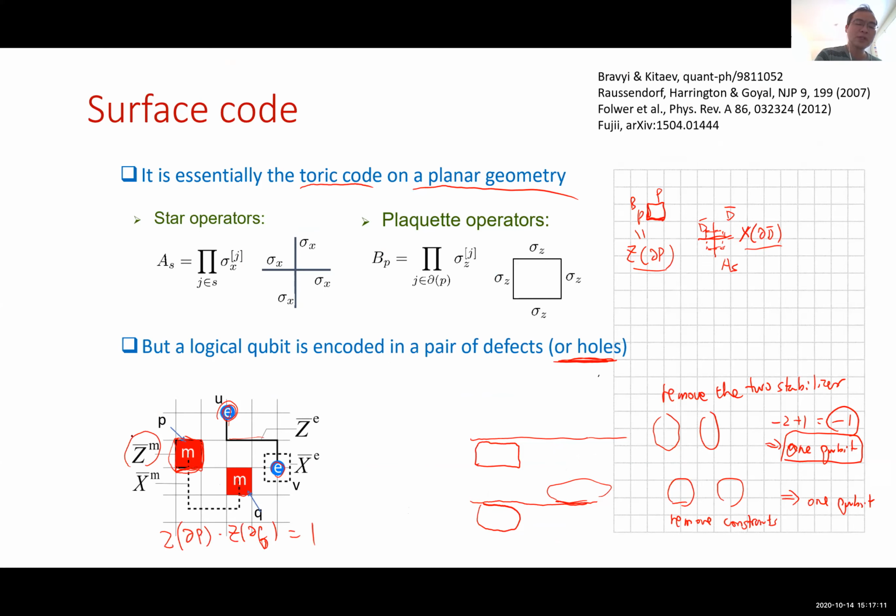So you can take either one as a logical Z operator.